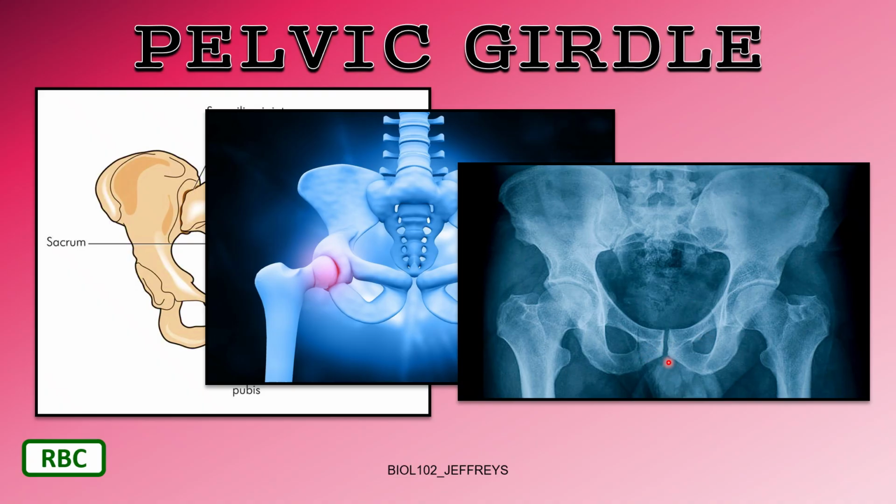We don't see the cartilage here because this is an x-ray, and cartilage is soft tissue, so it doesn't show up, but that's the area of the symphysis pubis, and then you can see the trochanter of the femur. There's the ball, and you can really clearly see the outline of the acetabulum. That's the ball and socket joint that makes up your hip joint.